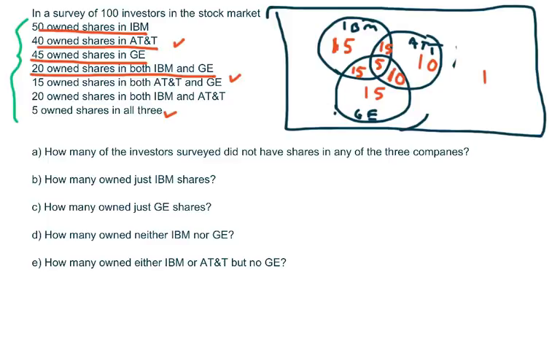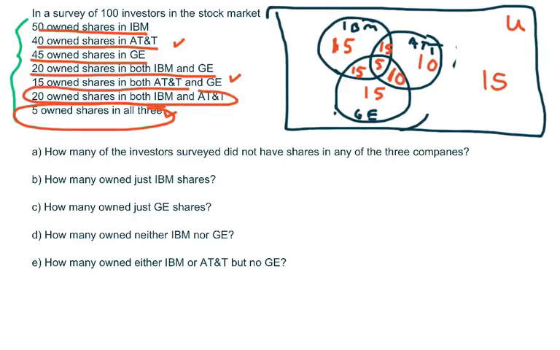I'm left with 15 in my universal set. So basically what I did is I worked backwards. I did this one first, then this one, and then I added them all up. I went backwards, 1, 2, 3, 4, and then I subtracted to get those. So 15 have no shares at all.